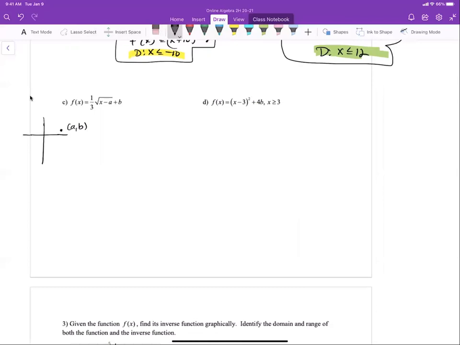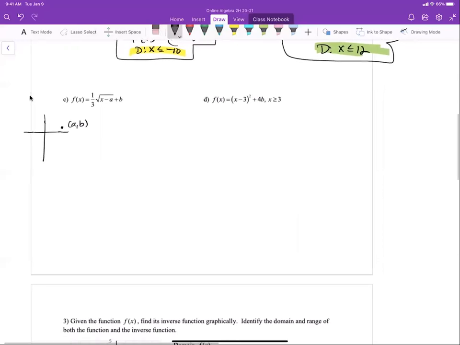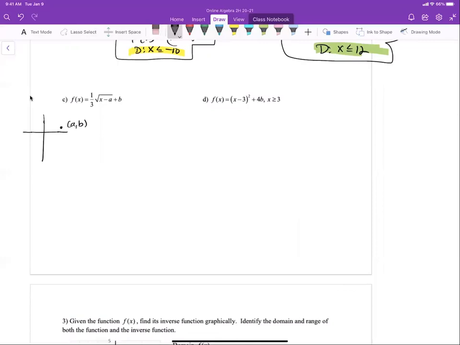I know it has a vertical dilation, but we will assume we don't know which one's higher, so I'm not sure how we would know. It's difficult to sketch when you don't know the values of A and B.